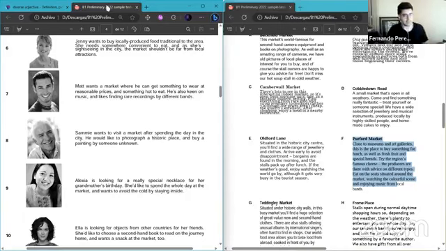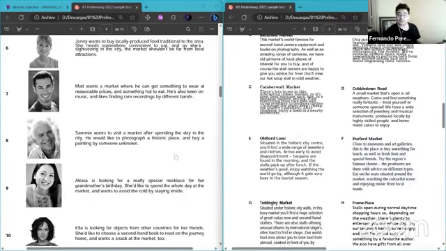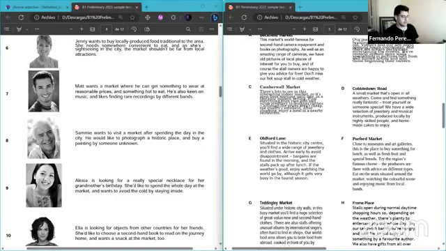So which one is the answer for number 7? I think letter G. Letter G. You are totally correct. Good job. How did you get to that conclusion?